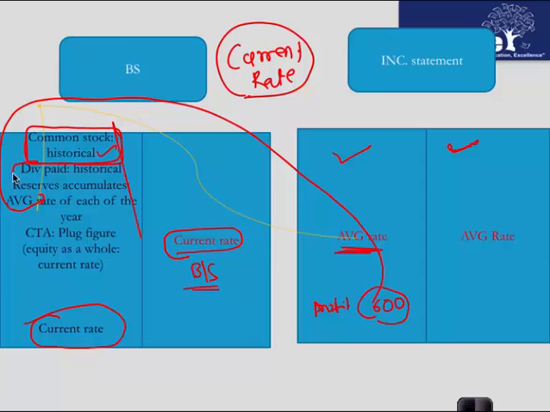If dividend is paid today, then today's exchange rate is the historical rate. If dividend was paid last week, then the date on which dividend was paid, that is the historical rate. So the common stock historical rate not necessarily would be the same as the dividend historical rate. So historical rate means the date on which you are doing that particular transaction.